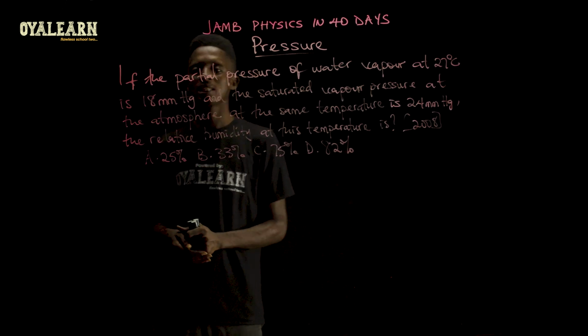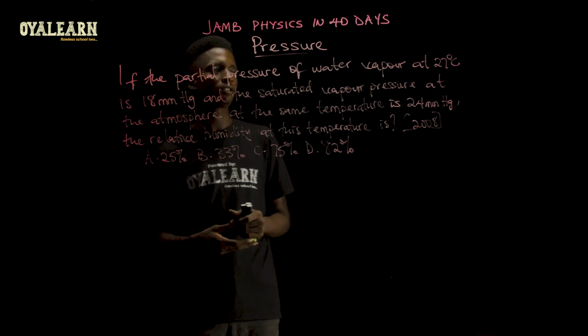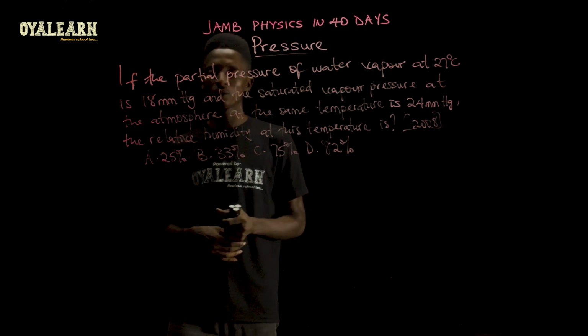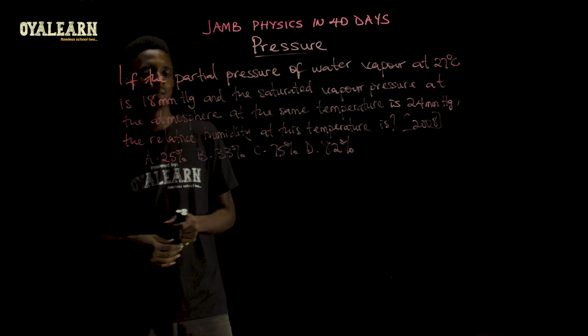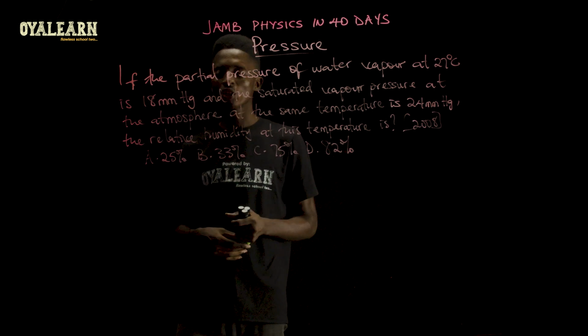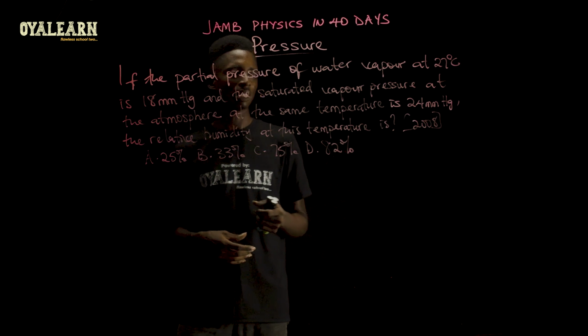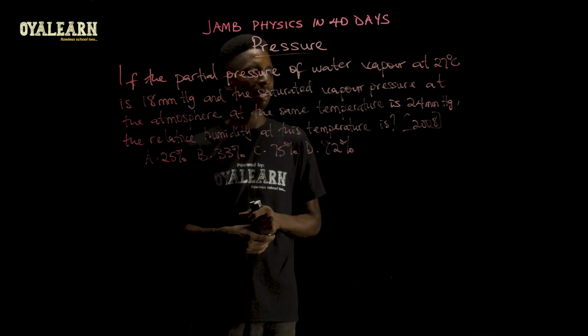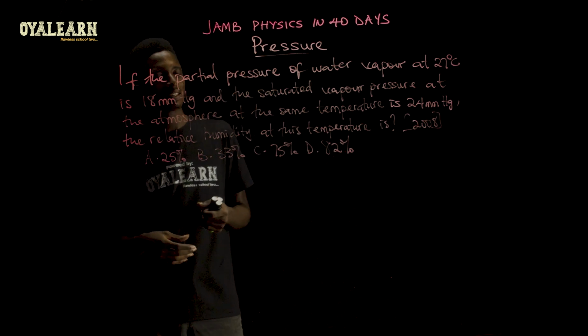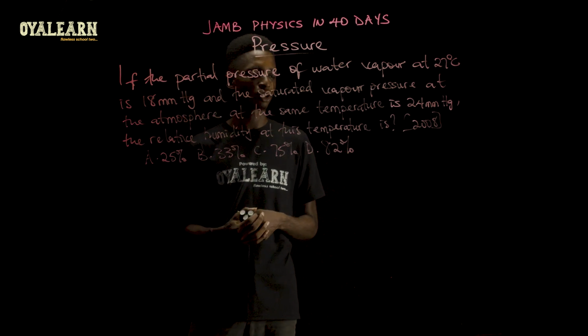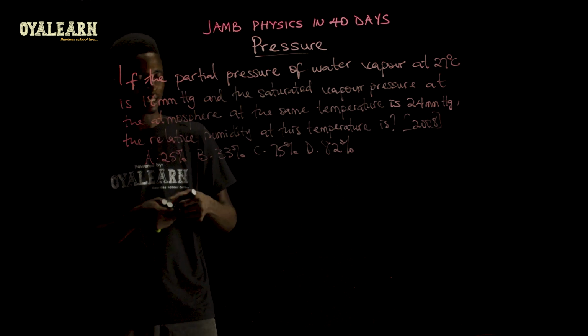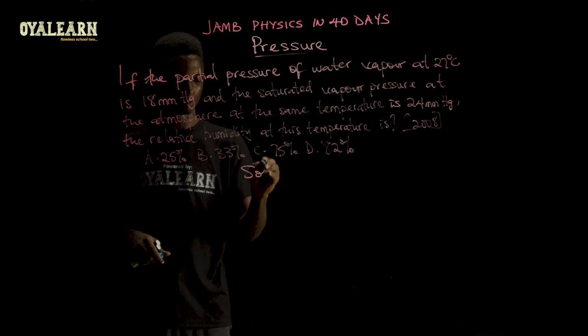This question says, if the partial pressure of water vapor at 27 degrees Celsius is 18 millimeters of mercury, and the saturated vapor pressure of the atmosphere at the same temperature is 24 millimeters of mercury, then the relative humidity at this temperature is, so we have to find the relative humidity.